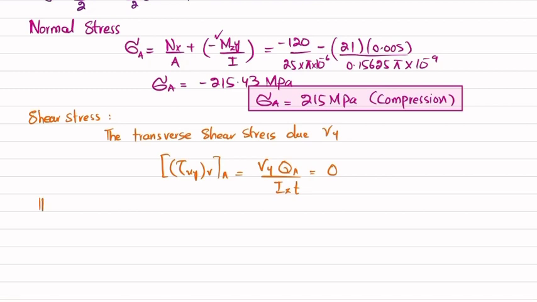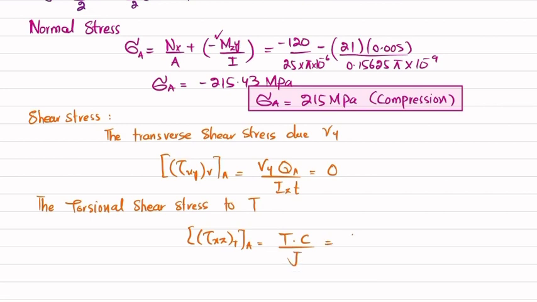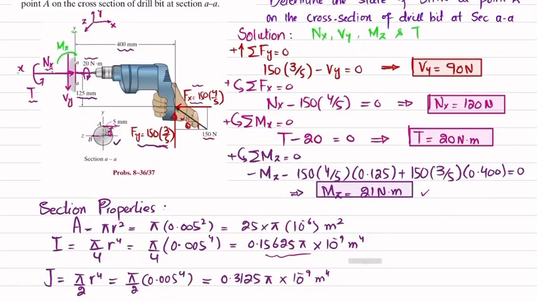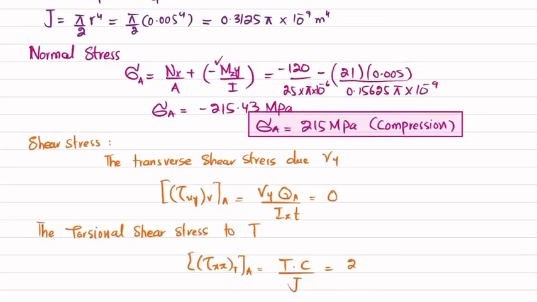The other shear stress is due to the torsional shear stress. So torsional shear stress due to torque T, and that is equal to tau of xz due to torque T at point A will be equal to T into R, where we represent R with c divided by J. So torque is 20, which we calculated was 20 Newton meter.